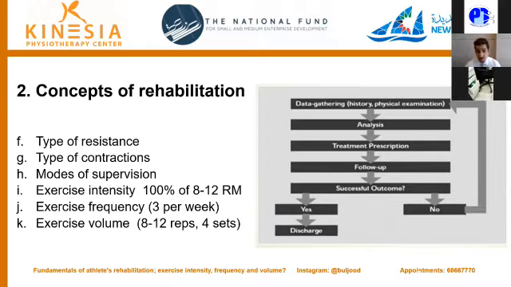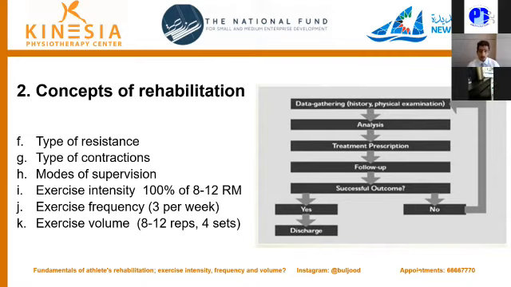Next is the variation. We talked about variation. Let's talk about type of resistance. We can do isometric exercises, isotonic exercises, and isokinetic exercises. Those three types are important, but unfortunately, we are not utilizing all of those three. We all focus on giving exercises like isotonic, where you can ask the patient to lift, for example, 2 kilogram dumbbells and do some repetitions.